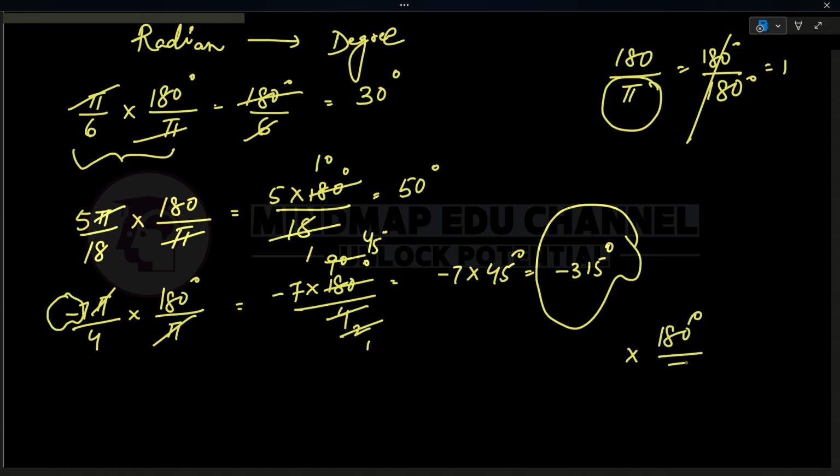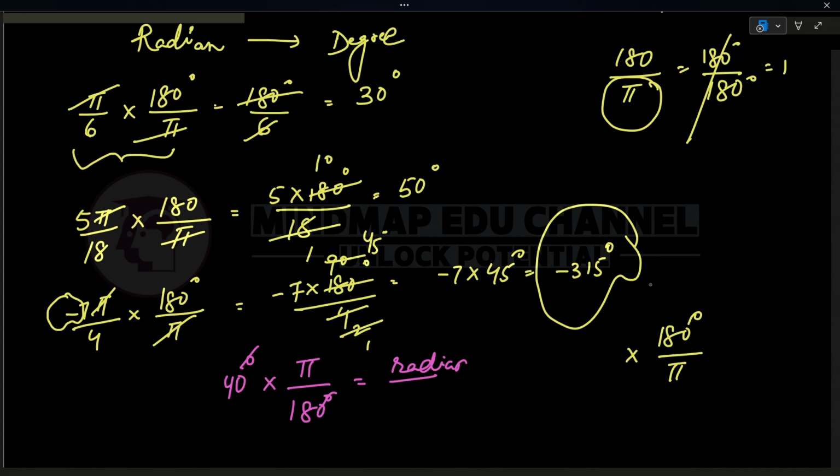So this is how you are converting radians into degrees, by multiplying the radian by what? 180 degrees over π. Now you don't need to get confused about what we will do and how we will remember. Here is a short trick. When you are converting a degree into radian, you need to cancel the degree, so write the degree down and π up. So degree and degree will get cancelled, and you will get the answer in radian.